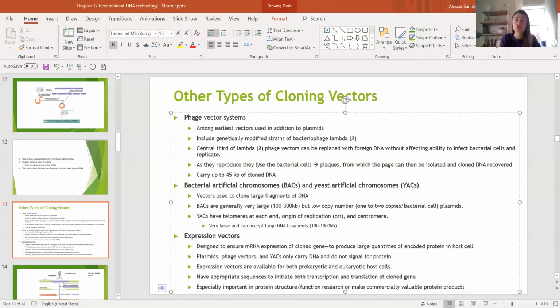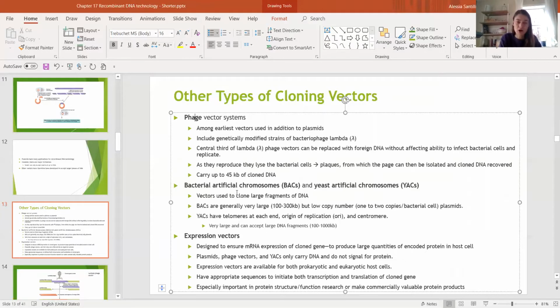We can allow it to bind to and absorb to the actual bacteria, infecting the bacteria with the viral genome that has the target DNA. The bacteria is going to replicate the viral genome with the target DNA and make more viruses that have the viral genome and the DNA target. So it's quite easy to use. They can carry up to 45,000 bases of DNA fragments. So still not that big.